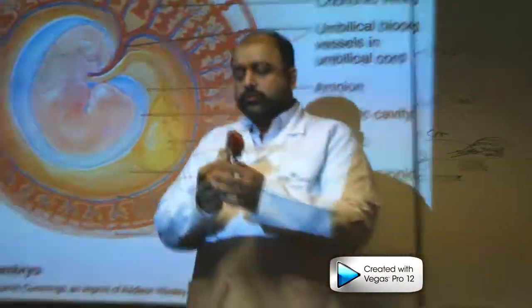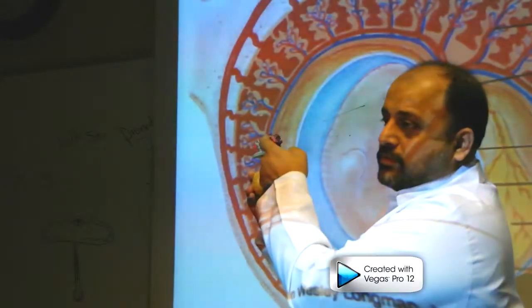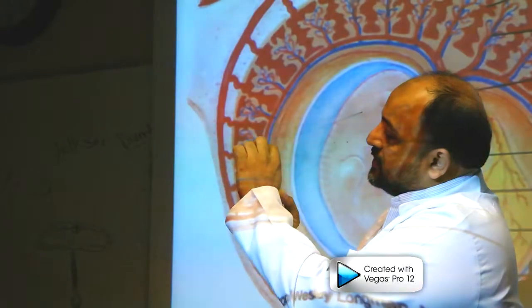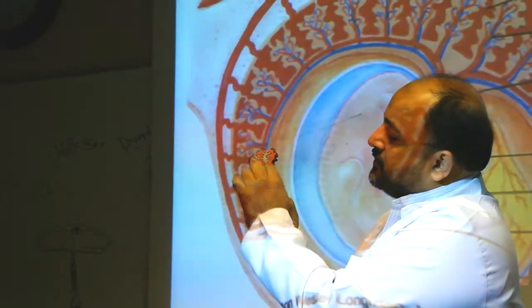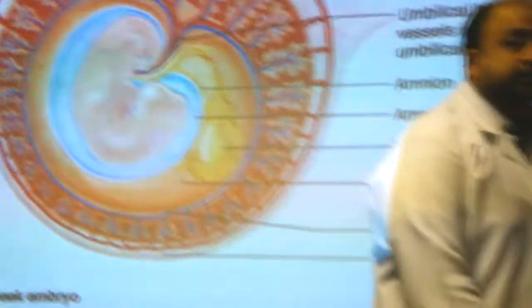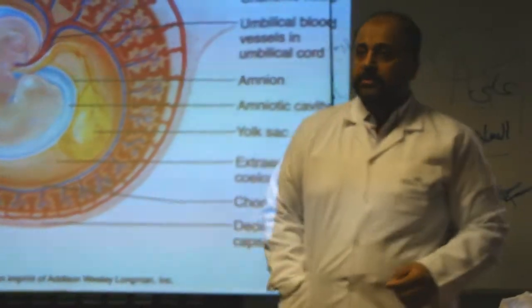Okay? Here what we'll ask you: same villi. Okay? Intervillous space. This is the fetal part of the placenta over here and the maternal part. Okay, how many parts of placenta? 2. Very good. Name them.